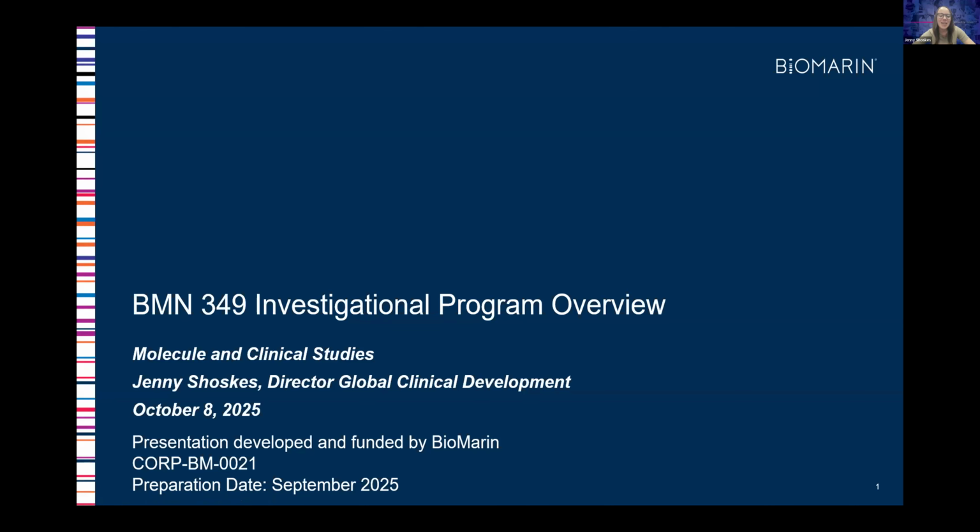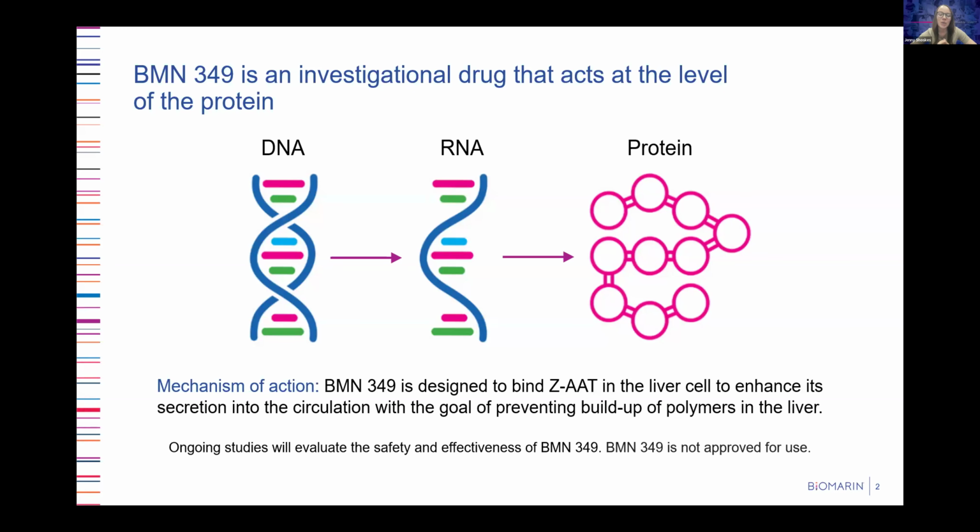So today I'll be talking about BMN 349, our investigational program that's studying both alpha 1 ZZ as well as MZ. As Raynaud and Franz both presented, we know that there are different levels that drugs can work on.